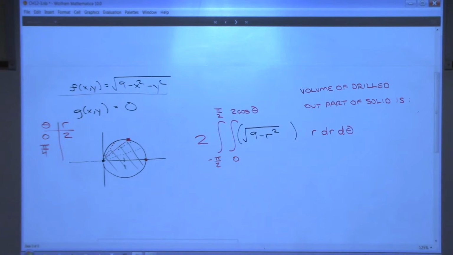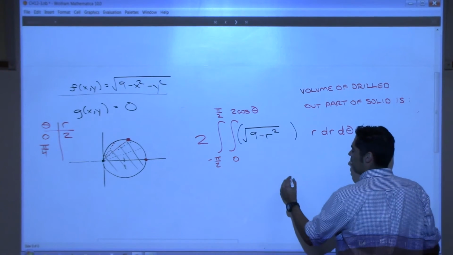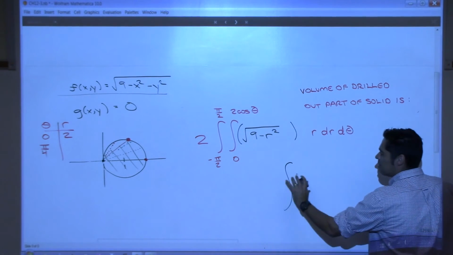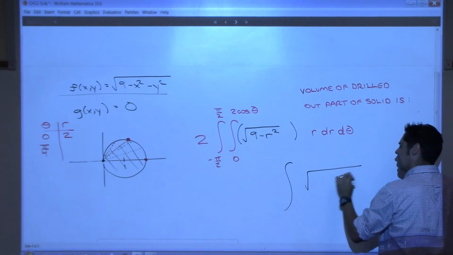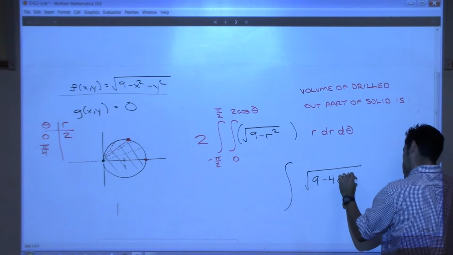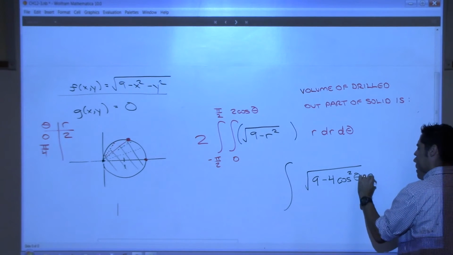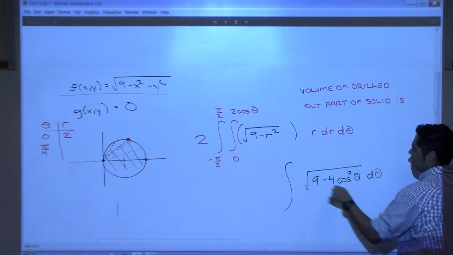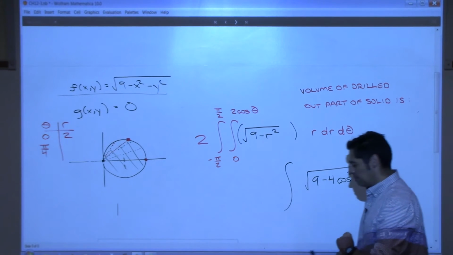But the second integration, I believe you would wind up getting something like, forget about constants, square root of 9 minus 4 cosine squared, if I remember correctly, d theta. You're trying to integrate that. And that ain't happening. So that's why I changed the problem on the take-home.